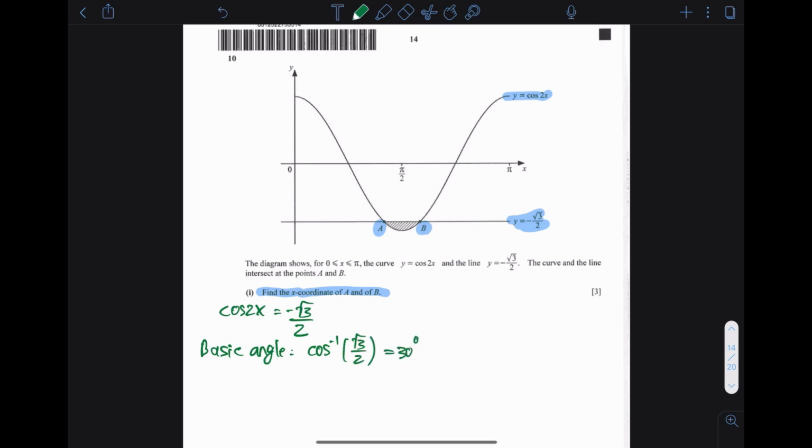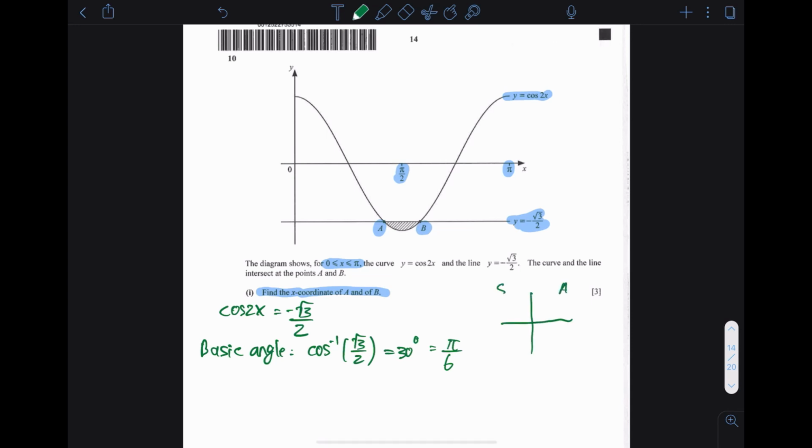But mainly they want it in terms of pi. You can see the range here. Even the graph itself has the range of pi over 2 and pi. So let's convert this into radian mode. Divide by 180, multiply by pi, that will be pi over 6. Alright, so now you have the basic angle already. We can try to draw the quadrant. ASTC again.